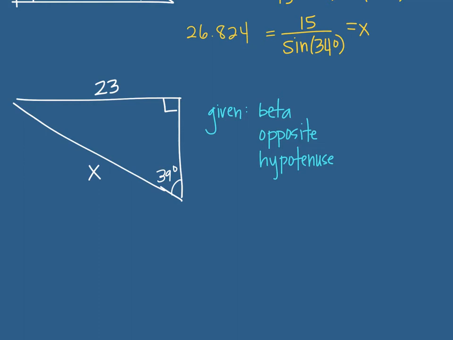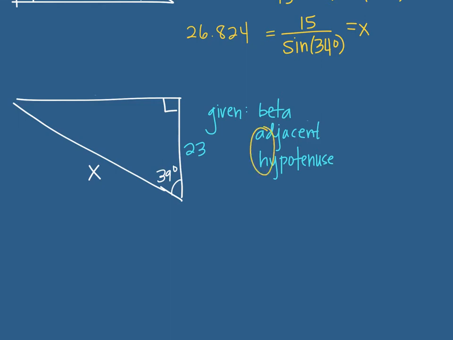Okay, if 23 was in a different place, if the 23 had been over here, then 23 would have been the adjacent side, and I would change what I was given to thinking about, oh, now I'm using adjacent. So depending on the positioning, it helps to think about that.